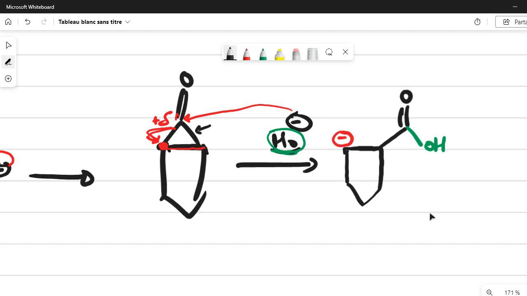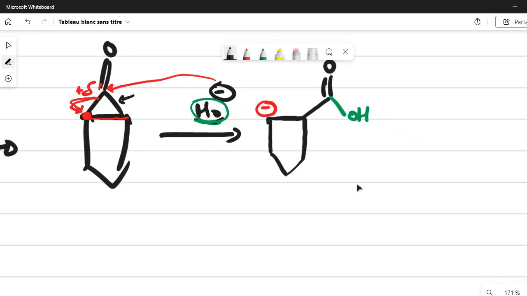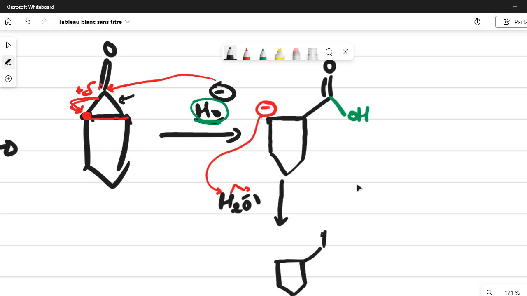I still have to make it neutral. In the presence of a water molecule, I'm going to grab a hydrogen, and then I'm going to form this neutral molecule with COOH.